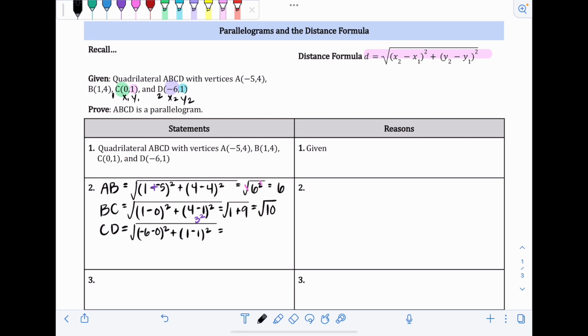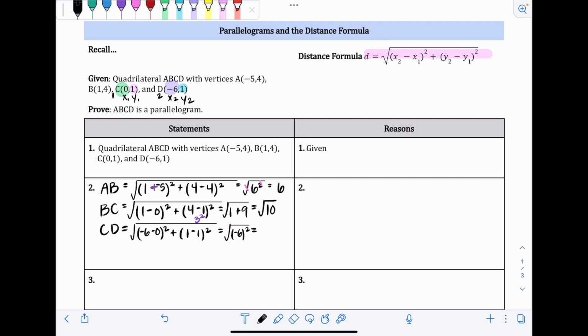And then equals, I have negative 6 minus 0, that's negative 6 squared. And then 1 minus 1 is 0, and 0 squared is still 0, so I don't need to add that in. Now, this one's a little bit funky because you can't just say that the squared and the square root cancel each other out.